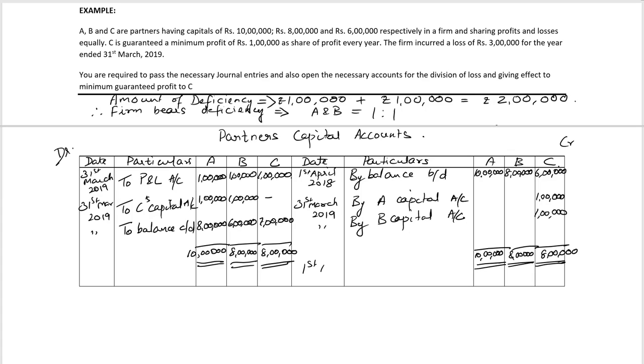I'll bring down the balances at the beginning of the next year. 1st April 2019 by balance brought down rupees 8 lakh for A, rupees 6 lakh for B and rupees 7 lakh for C. So this is the next ledger account that needs to be prepared.